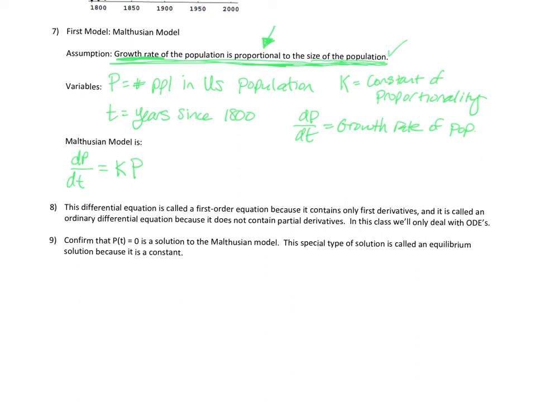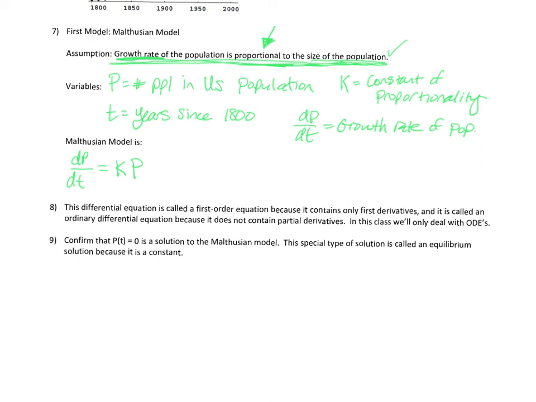If you had second derivatives in there, it would be called second order. And it's called an ordinary differential equation because it does not contain any partial derivatives, which you probably learned about in Calc 3. So in this class, we'll deal only with ordinary differential equations, or ODEs for short. So we'll have no partial derivatives.